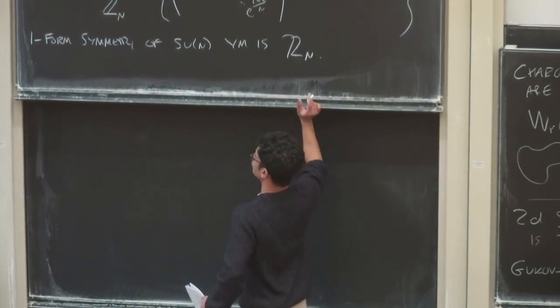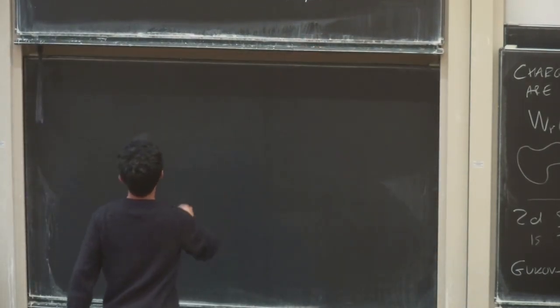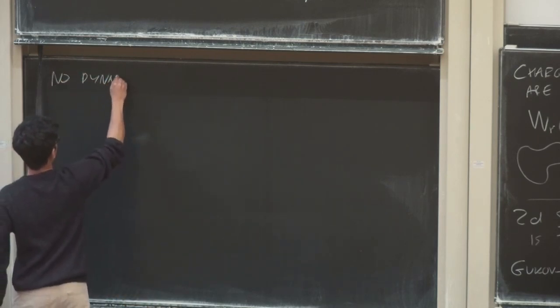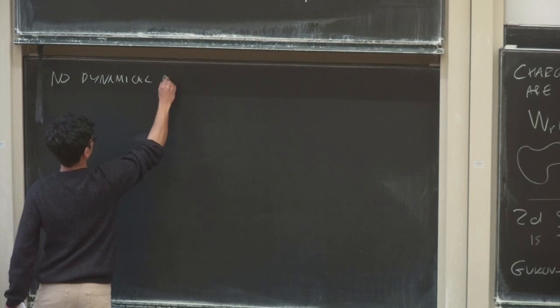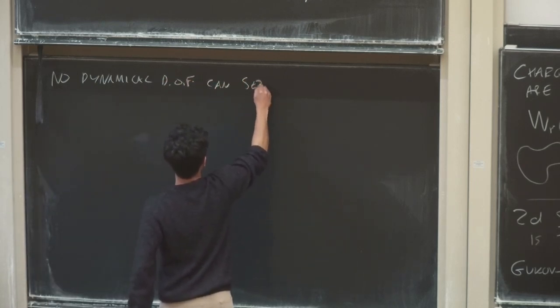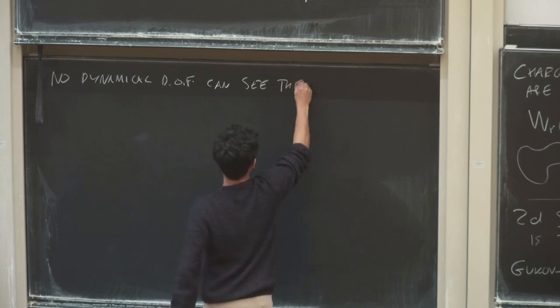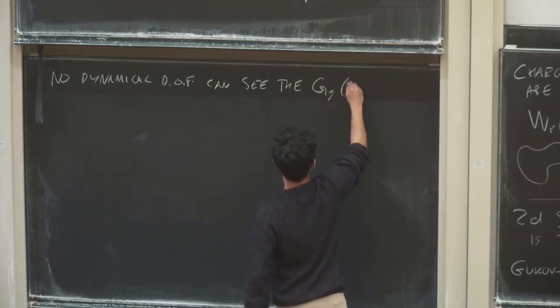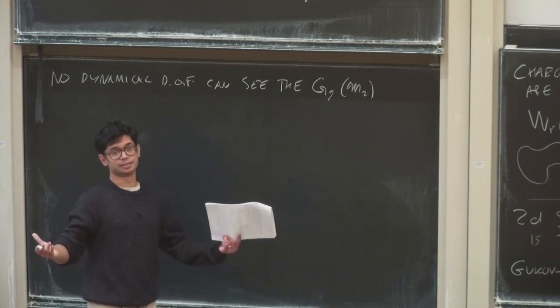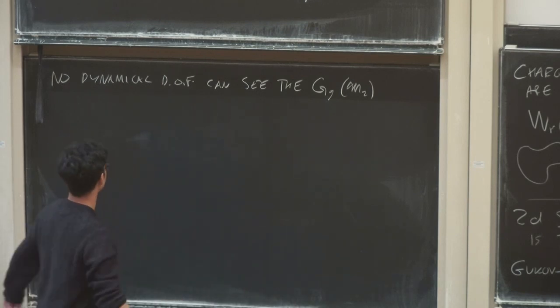So what that means is none of the dynamical degrees of freedom can see the surface operator. The surface operator creates a phase, but nothing can see it. It's an invisible phase.